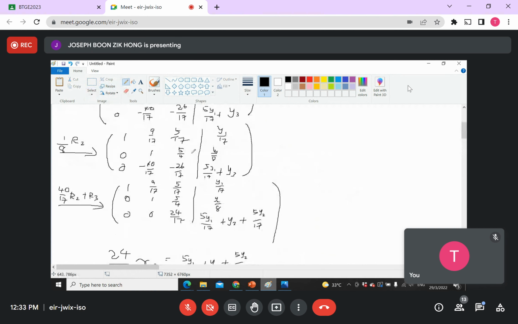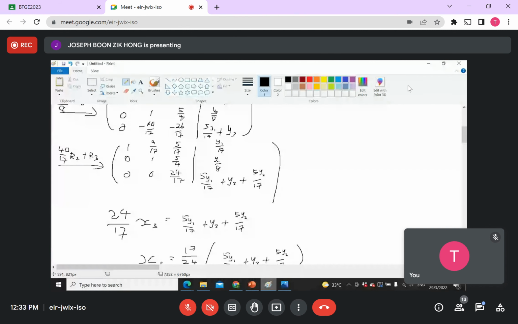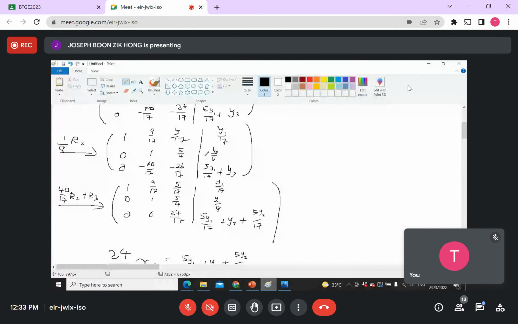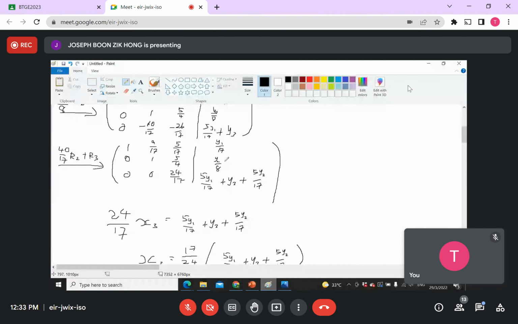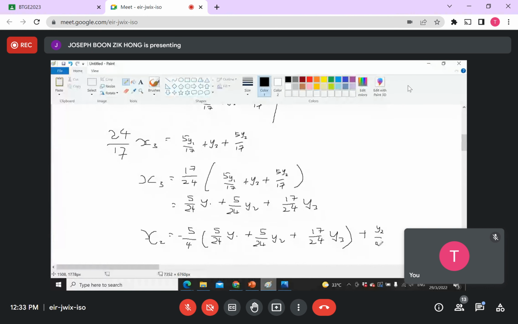This one times x3 equal to this one. So x2, this one will become negative, and then plus your y2 over 8. Okay, so you will see something like this.